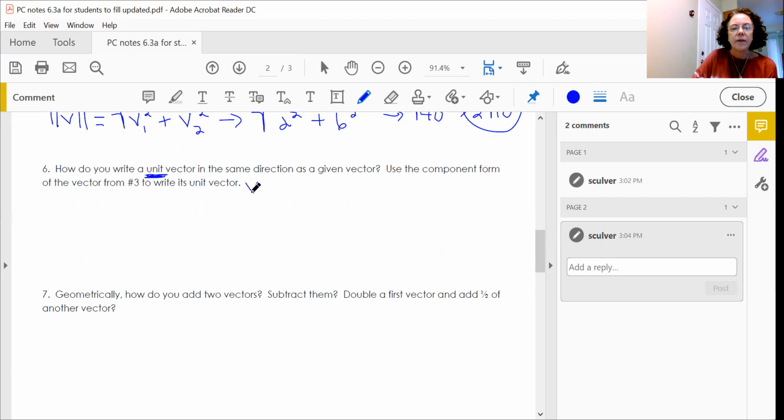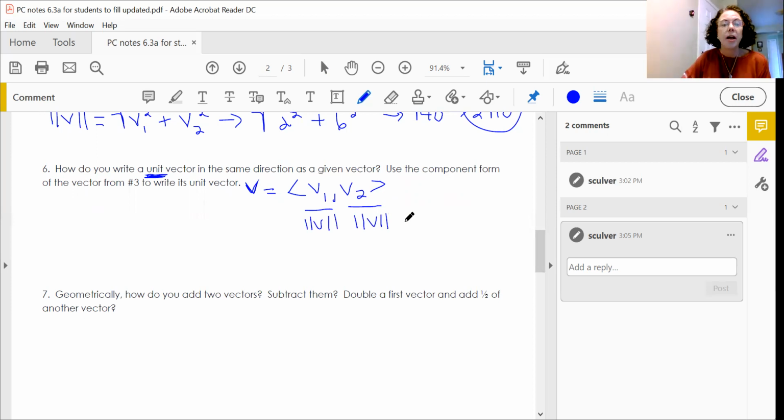So, given a vector v, v1, comma v2, the way you make it a unit of 1 is to find the magnitude and divide the v1 and the v2 by the magnitude of v. If you do this, you will have a vector in the same direction, but its magnitude will be a unit of 1. So let's do that with our vector v, which was 2, 6.